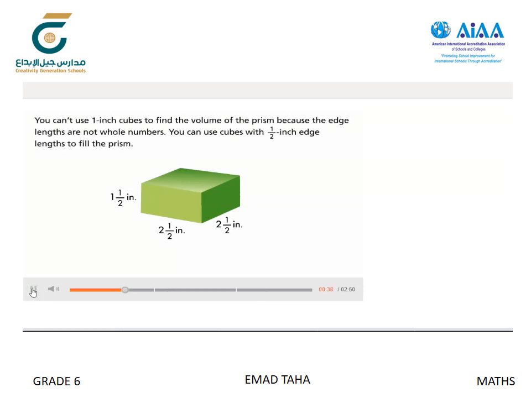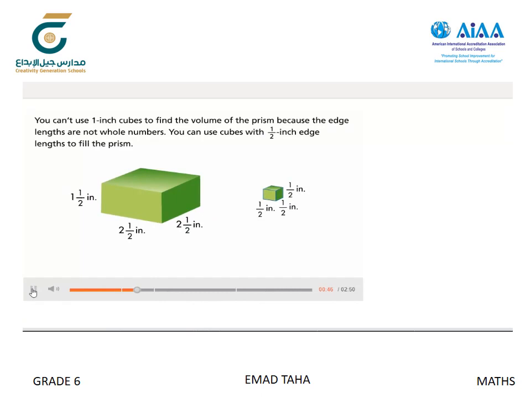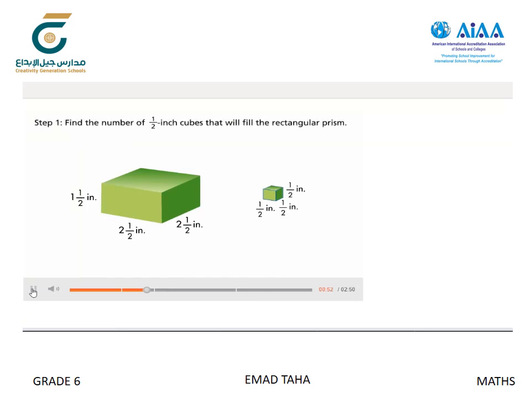You can't use 1-inch cubes to find the volume of the prism because the edge lengths are not whole numbers. You can use cubes with 1/2-inch edge lengths to fill the prism. Step 1. Find the number of 1/2-inch cubes that will fill the rectangular prism.